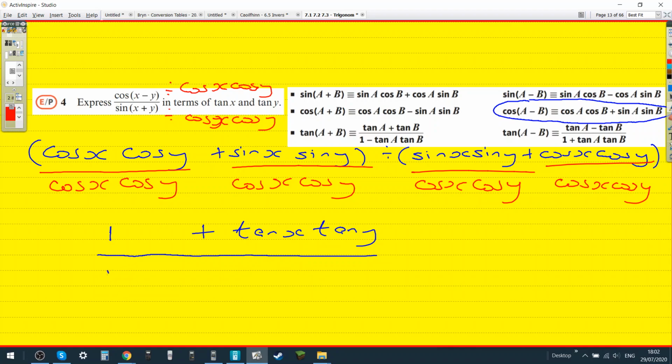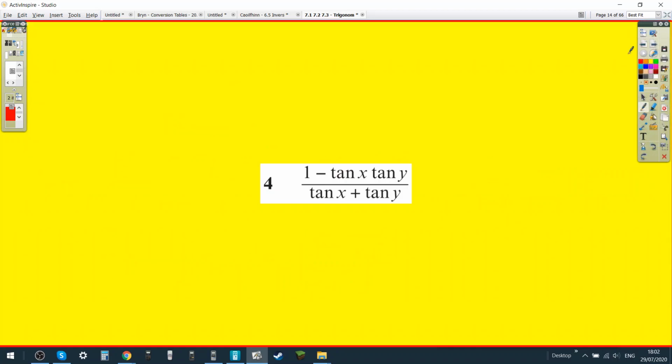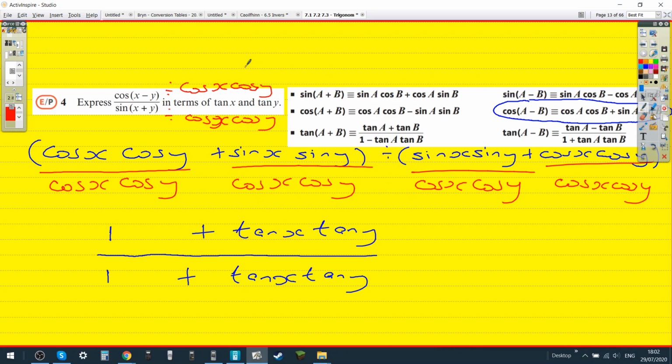Okay, so that's 1 plus, are you sure? Tan x tan y. That can't be right. Was there a minus wrong in here? Cos x minus y is cos x cos y plus sin x sin y.